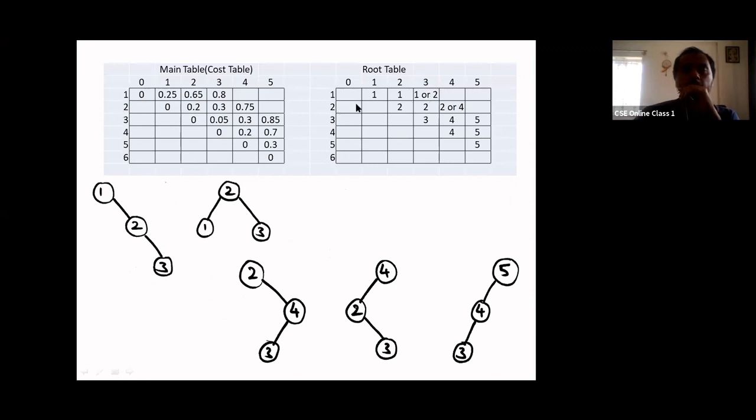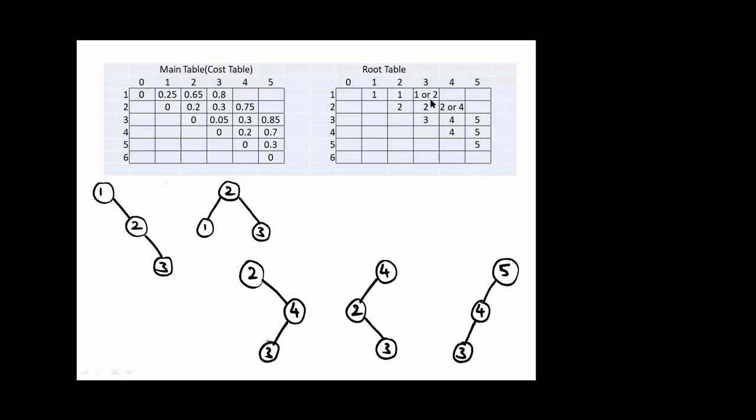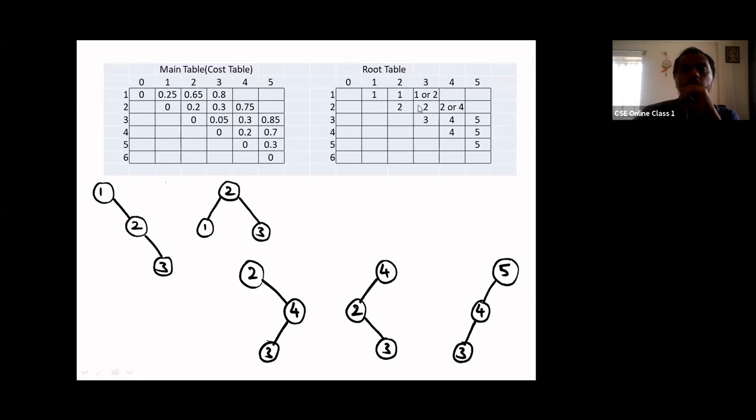In the 2 to 3 cell, you can see that 2 is the root. So therefore, the root of that right subtree becomes 2, and the leftover is 3. 3 is greater than 2, so automatically it becomes a right child. So we get an almost skew tree. It is a right heavy tree.